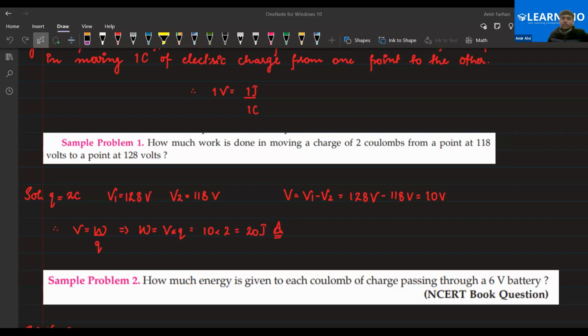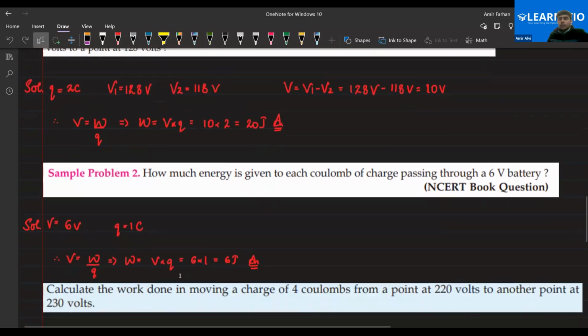Right, very good. The answer is 6 joules. You just have to multiply it with 1. Let me know the answer for this one. Do it fast.